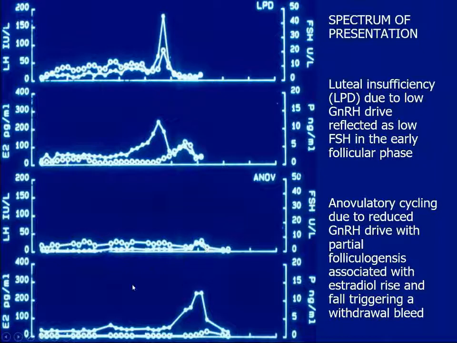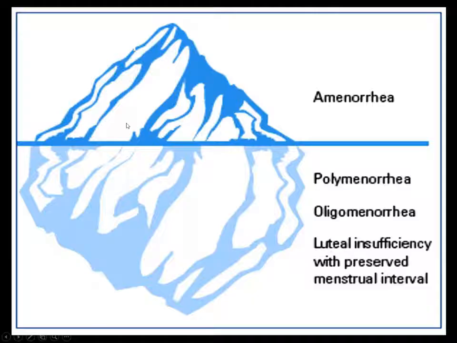So these may well be other manifestations of stress on the neuroendocrine axis of the HPO. So we like to think of this as amenorrhea being easily recognized, and all these others as being less easily recognized, sort of an iceberg below the water.